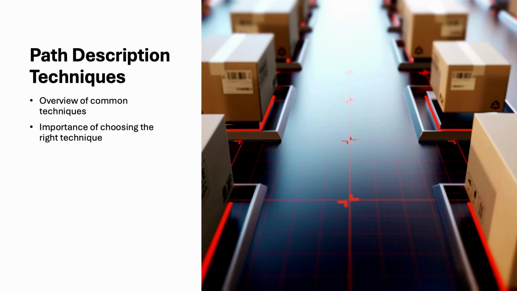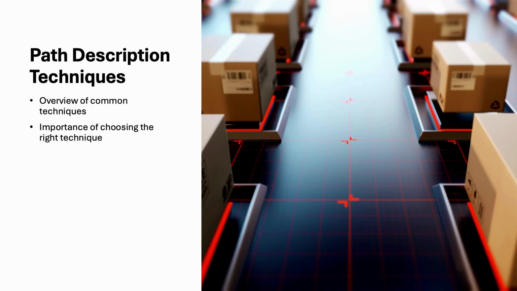Choosing the right path description technique is crucial for the efficiency and success of robotic navigation tasks. The selection depends on various factors, including the complexity of the environment, the presence of obstacles, and the need for real-time adaptation and computational constraints.